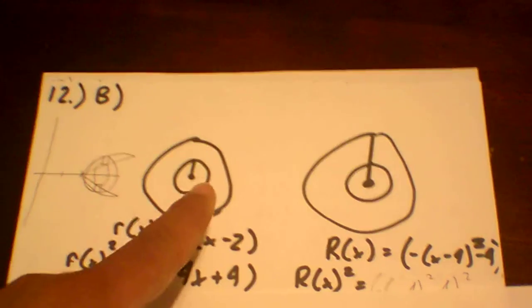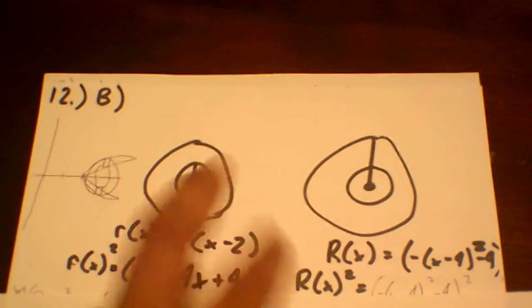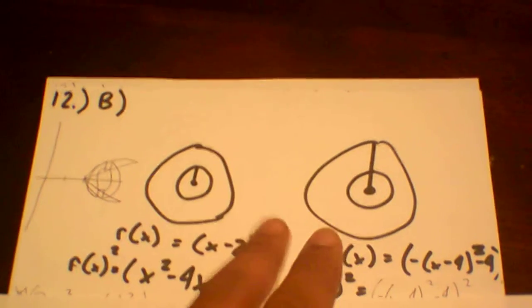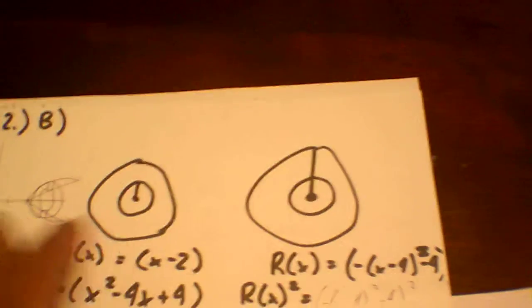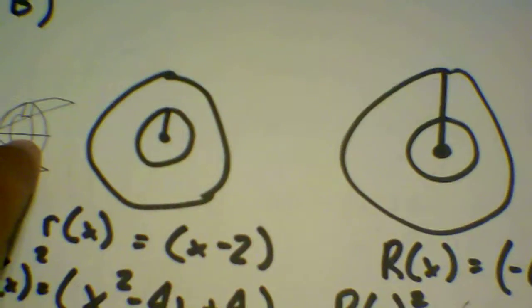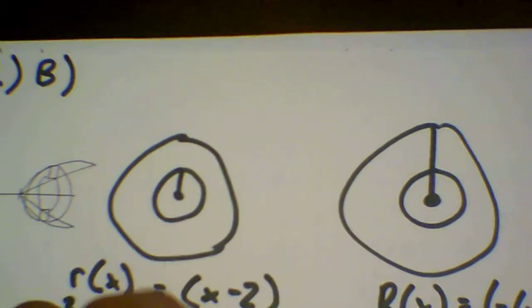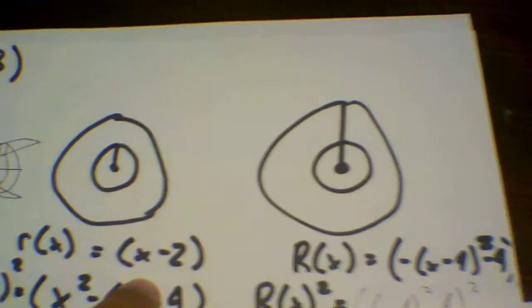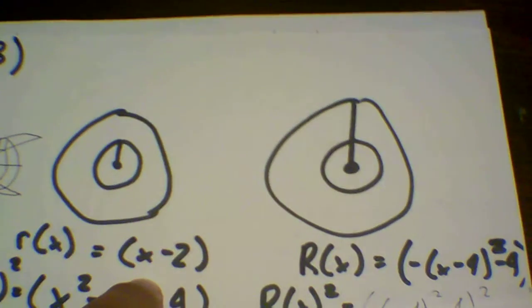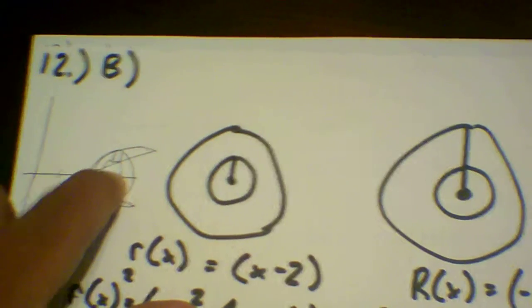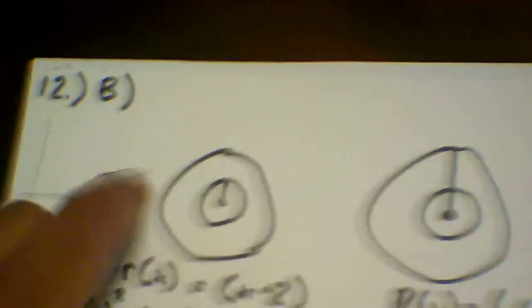I blew up the washer into 2 pictures to help us figure out what little r and big R are. So little r is from here to here, and that is the function f(x), which is x - 2. Big R is from here all the way up here, and that is our g, which is here.